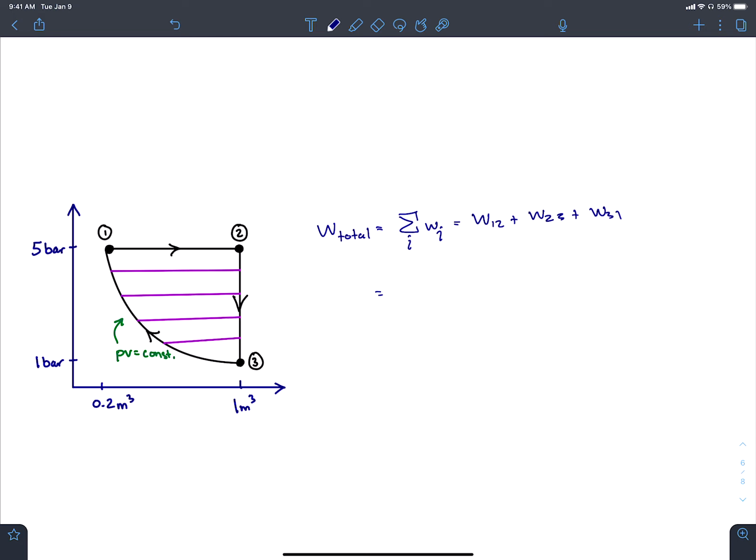So this equals negative 4 times 10 to the 5th joules plus 0 plus 1.61 times 10 to the 5th joules, and this leaves us with negative 239,000 joules, or in kilojoules, negative 239 kilojoules.